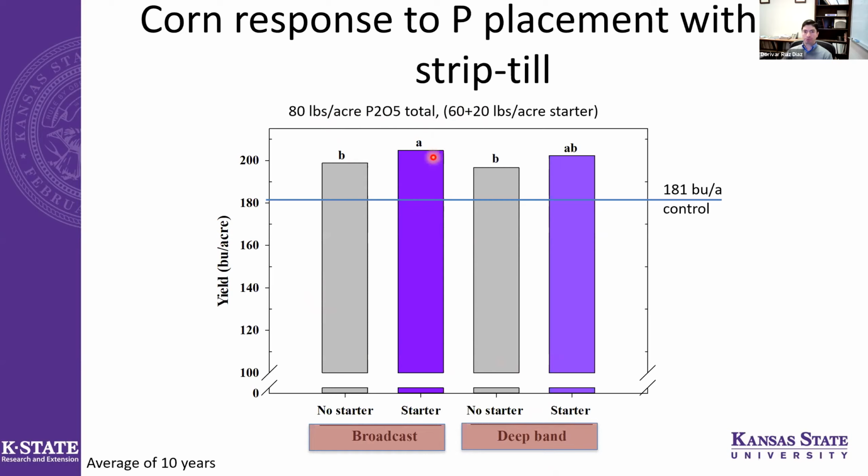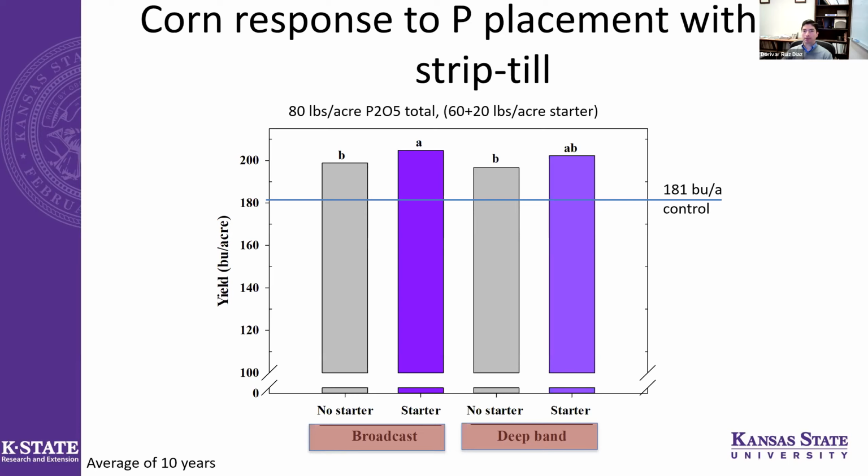In the average of 10 years, in this irrigated corn, we do tend to see a benefit of putting some of that phosphorus with a starter fertilizer, regardless of the placement of that phosphorus. We're either doing broadcast or deep band with the strip till, and putting some of that phosphorus with the starter fertilizer still provides some benefits in the long term.